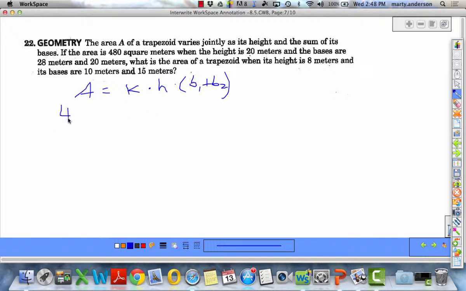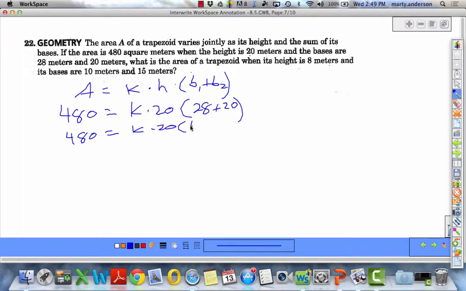If the area is 480, when the height is 20 and the bases are 28 and 20, what is the area of the trapezoid when the height is 8? Height is 8, and then my two bases are there. So again, we can solve for this guy here, 20 times 48, which means I get 480 equals k times 960.